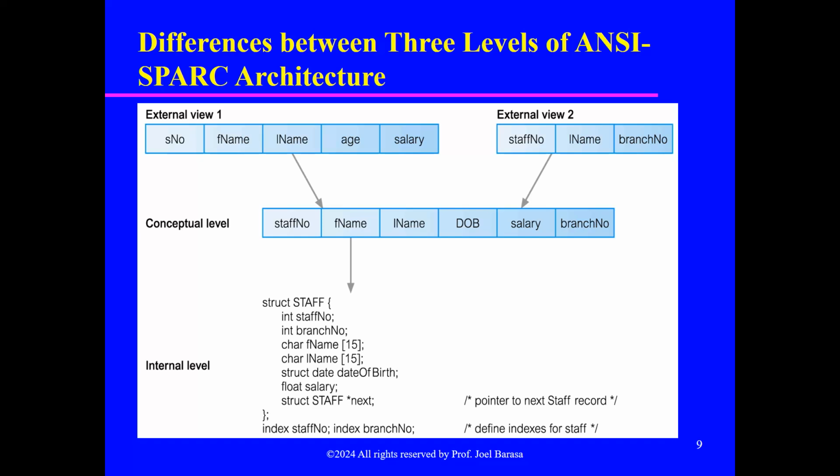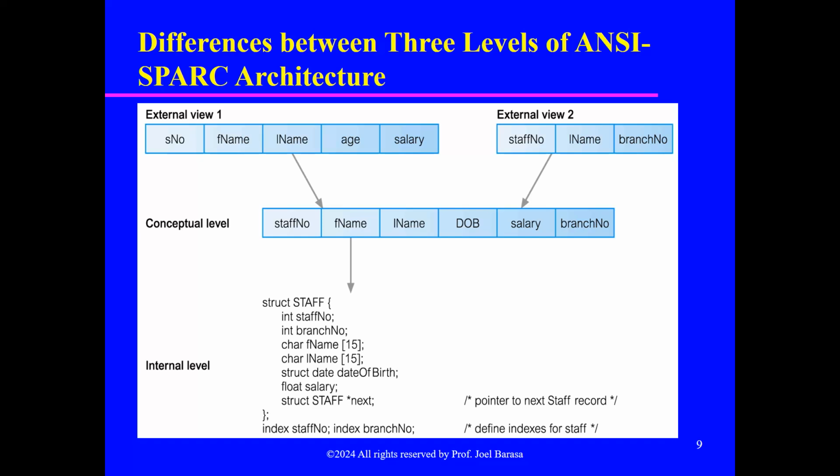Now in the conceptual level, you are looking at the table structure, but you are not seeing the code. So you can decide that from the conceptual level, you had the staff number, full name, first name, last name, date of birth, salary, and branch. Now these can be split.